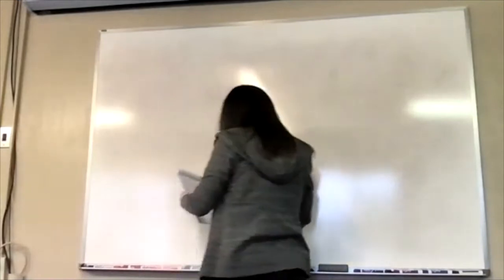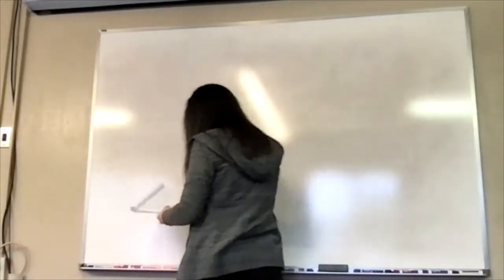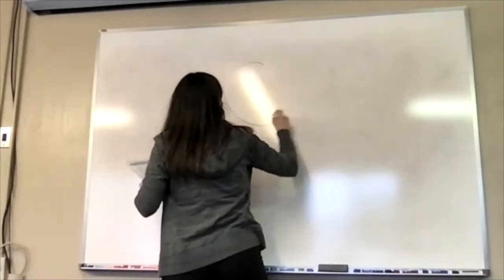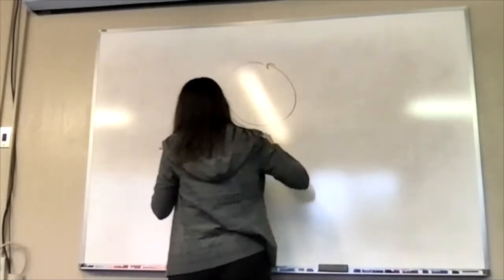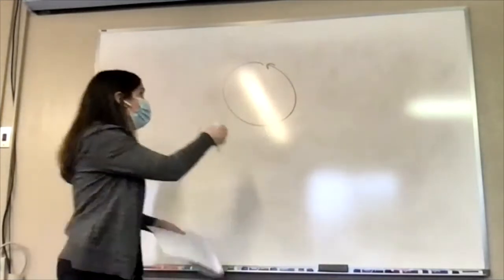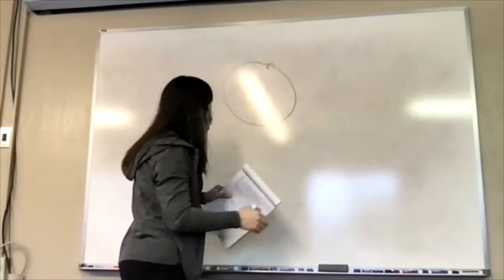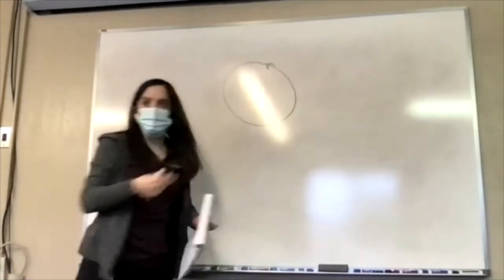Okay, so let's talk about circular motion more today and the equations you can use to demonstrate circular motion. So if you think about something moving in a circle, just a little ball spinning in a circle, and think about its velocity direction.